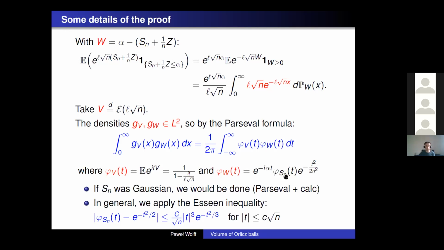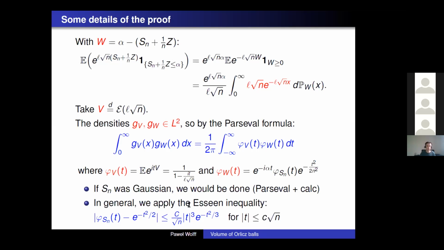Gaussian will remain Gaussian, and you will get back the exponential distribution.